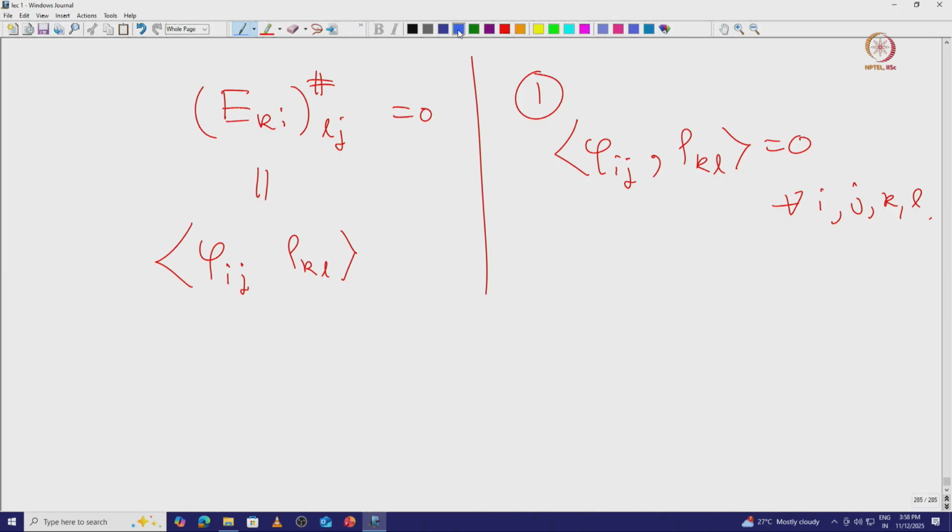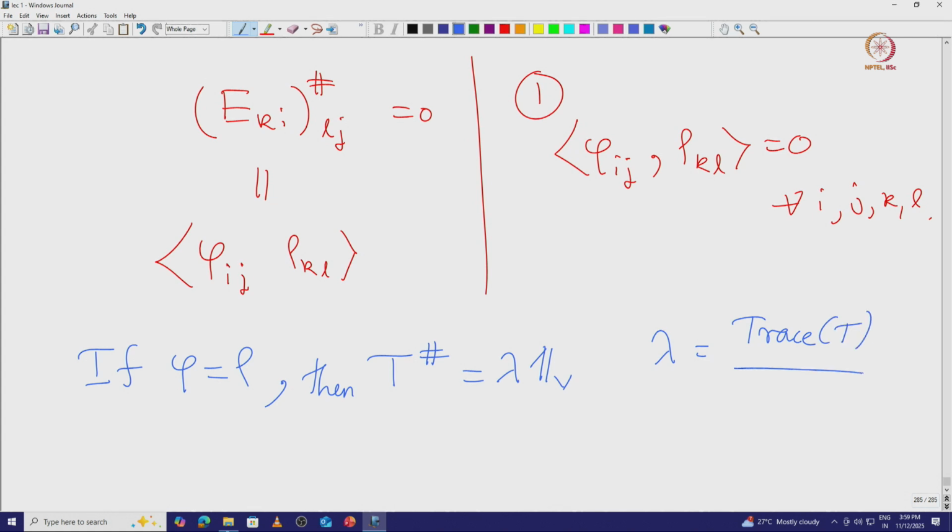Recall that if phi equals rho, then this T hashtag is going to be a multiple of the identity, and we also know what that constant term will be. It is exactly given by the trace of T divided by the degree of the representation.